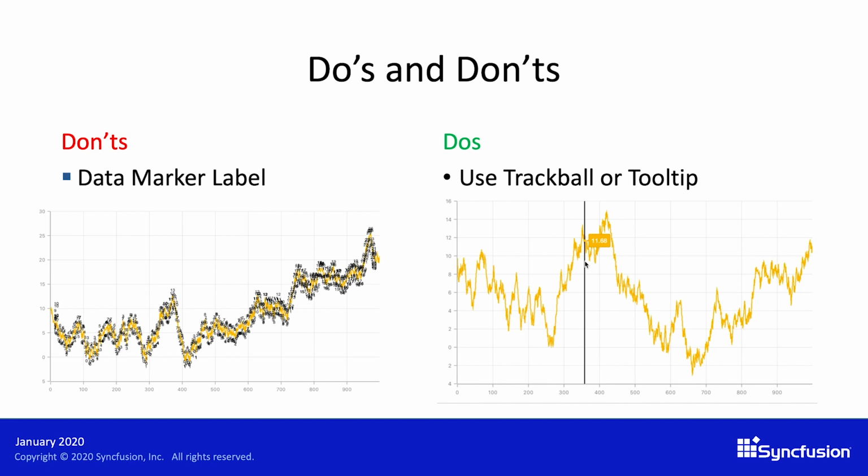Trackball will display the information of the nearest data points along with a vertical line when you touch and hold on the chart area. Or else you can use tooltip. It displays the data when you touch any data point. Some customization options are also available in trackball and tooltip labels using the default built-in APIs or data templates.